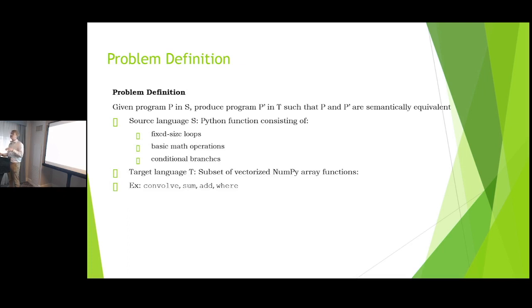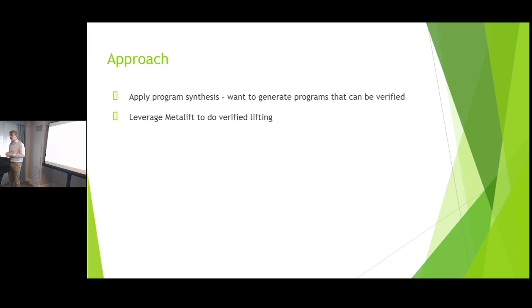And our target language T that we're trying to translate into is our subset of vectorized NumPy array functions. So we've got our convolutions, sums, the where function, all sorts of things like that are what we want to be able to create programs in. So how do we do this? What's our approach? We want to apply program synthesis so that we can generate programs that we can then verify.